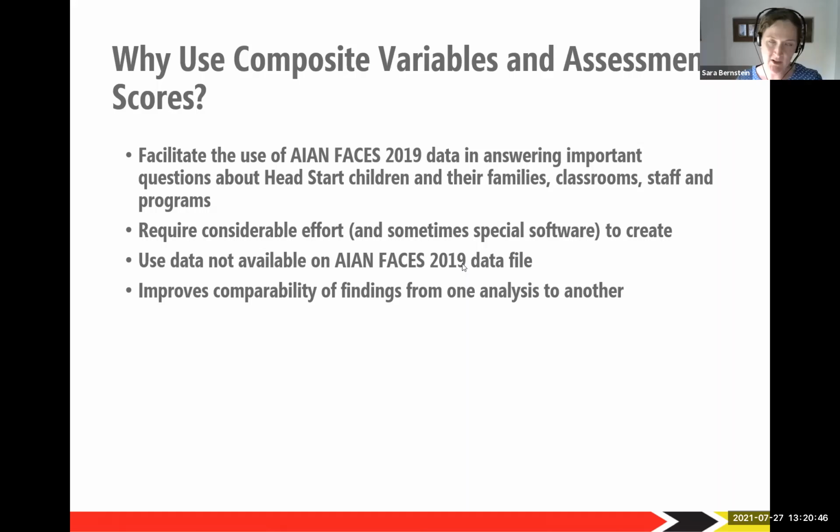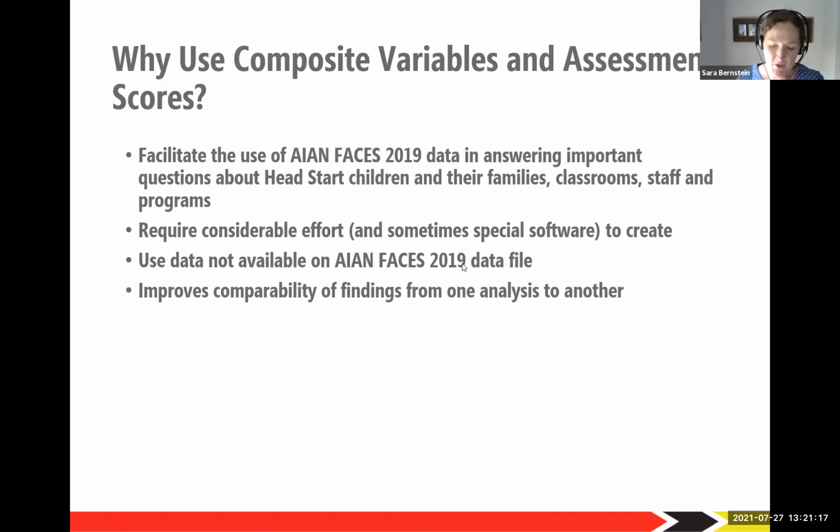And again, special statistical methods and software are needed to develop some of the child assessment scores. For example, item response theory, or IRT, analyses are needed for some of the assessment scores on the file. And even if you have that knowledge and that software, some of the variables can't be created by a user applying for secondary use of the data because of the copyright protections of the item level data.